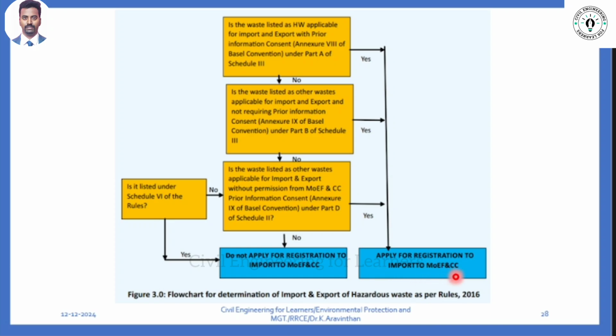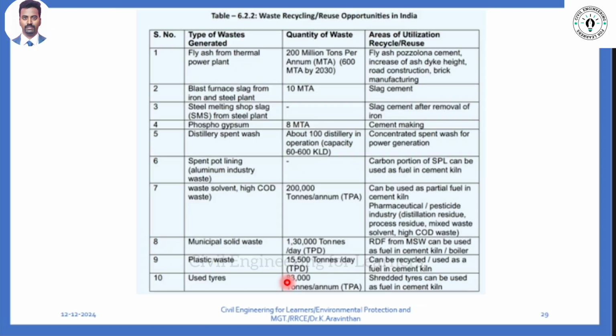What is MOEF? Ministry of Environment and Forest. If it is coming under Part B, then you can apply for consent. If it is coming under Part D of Schedule 3, then you can apply to the MOEF. If not, then do not apply to MOEF, as it is called prohibited.